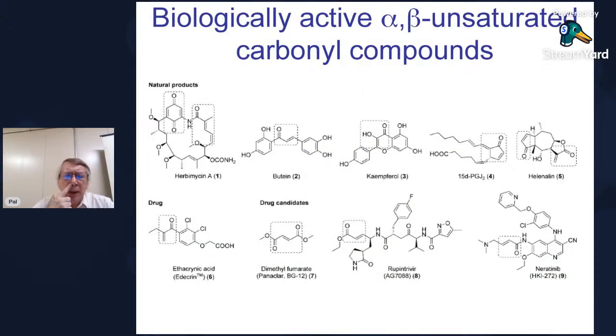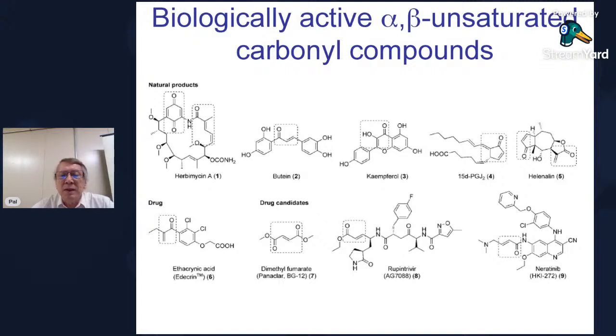In this introductory part, I wish to show some unsaturated carbonyl compounds which are found among the natural products and those which have proved biological activities. So, for example, among them you can see chalcone derivatives.